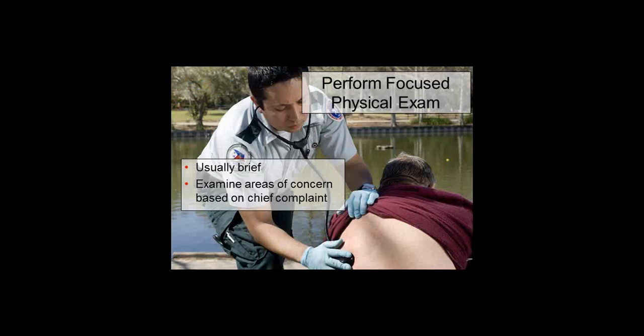So, performing our focused physical exam, again, this is usually brief. We're going to examine the areas based off their chief complaint, and again, focus on areas that may also be involved. If the complaint is difficulty breathing, knowing that there are tons and tons of things that can cause difficulty breathing, in fact, that's the number one call for EMS, knowing that if the cardiovascular system is having an issue, that can cause fluid to back up, and if that fluid starts to back up, then I could see swelling in the ankles.